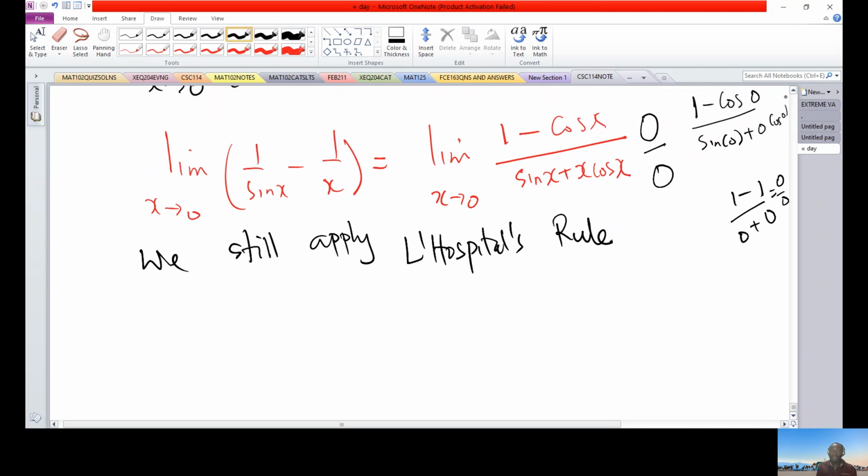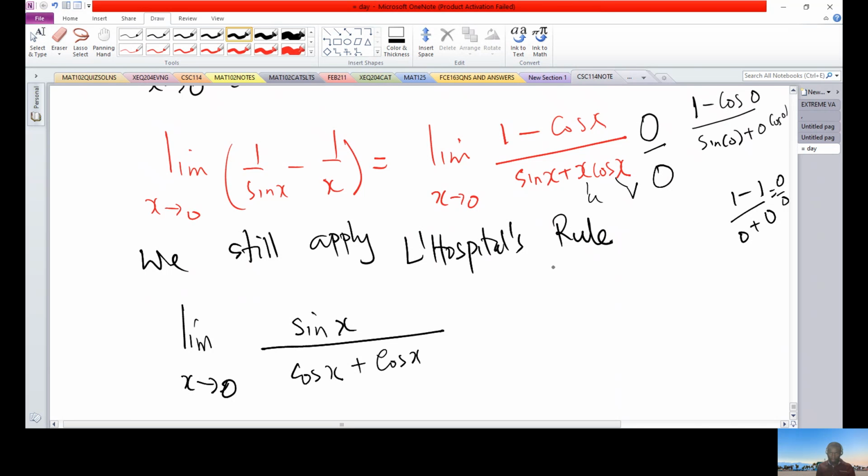So applying L'Hospital's rule again, the derivative of the numerator will be sine of x over, this will be cos of x, and then x, we use product rule here, so it'll be plus x, let this one be u, this one be v. u prime is 1, v prime is minus sine x times x, so we have minus x sine x. So remember, this is cos of x, so this is cos of x.